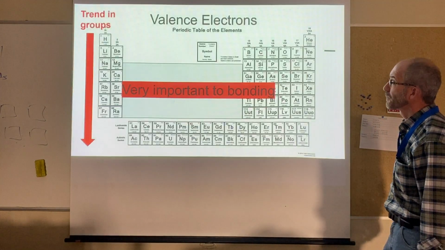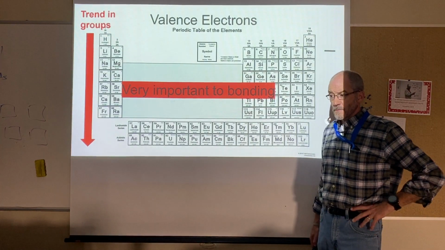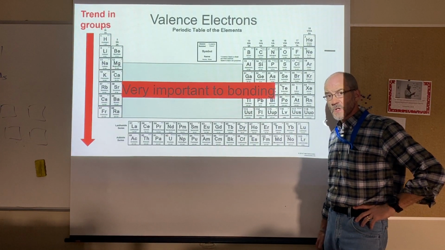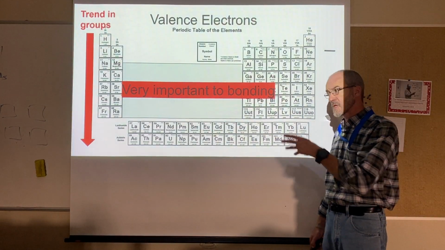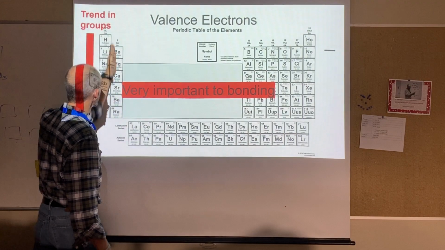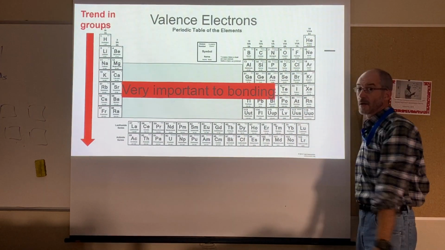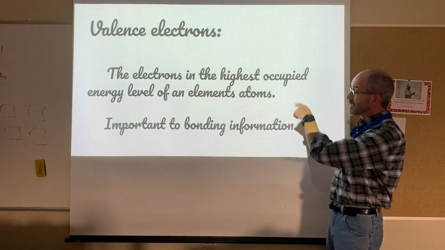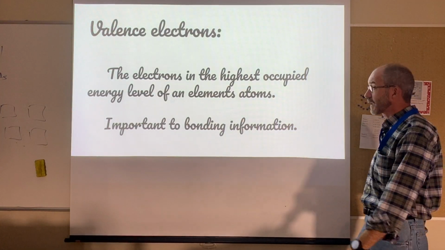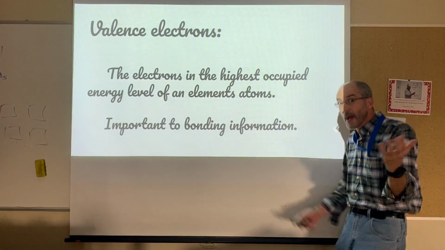Anything else? I want you to start thinking about valence electrons, and I want you to start thinking about how easy it is to find valence electrons for s and p orbital atoms. All you gotta do is count. 1, 2, 3, 4, 5, 6, 7, 8. Valence electrons are the electrons in the highest occupied energy level of an element's atoms. Why do we care?